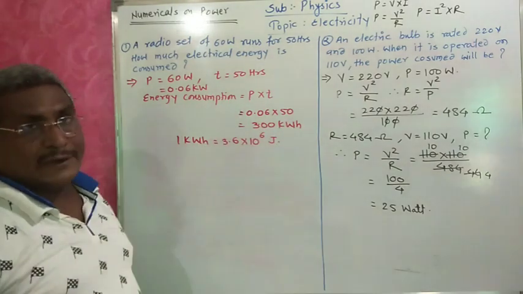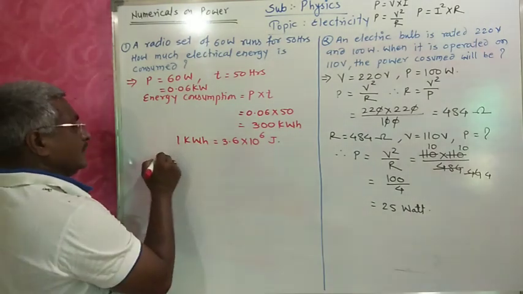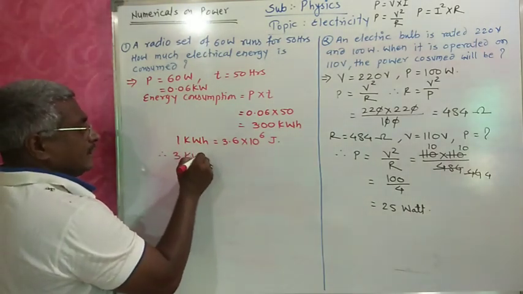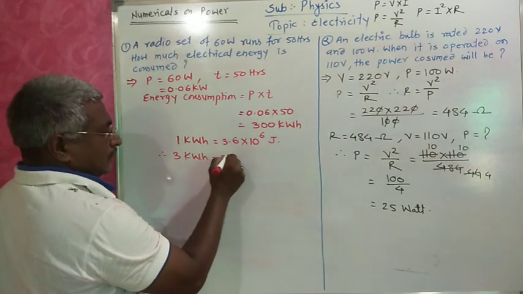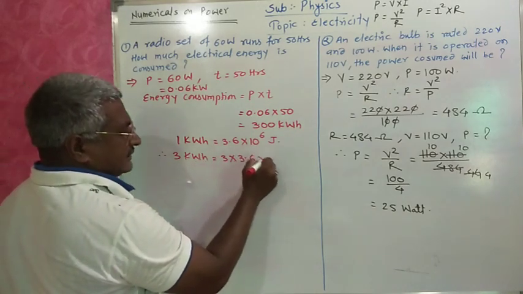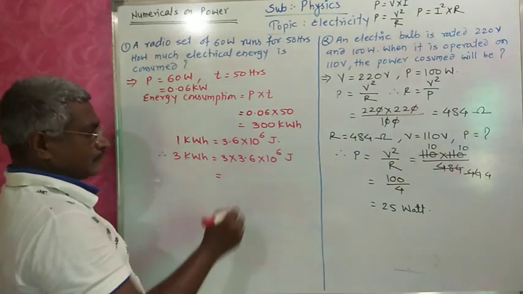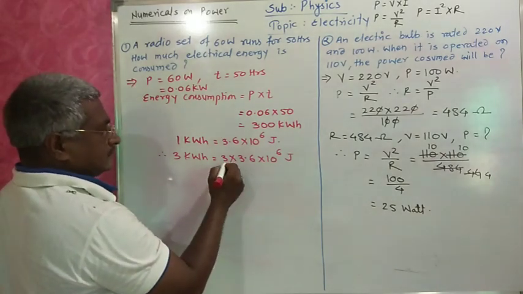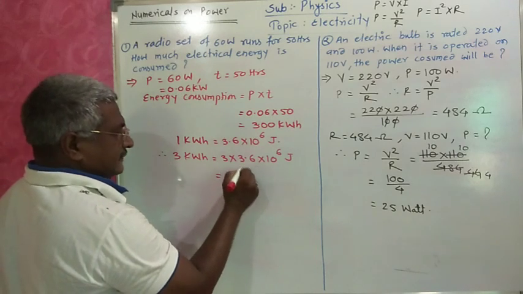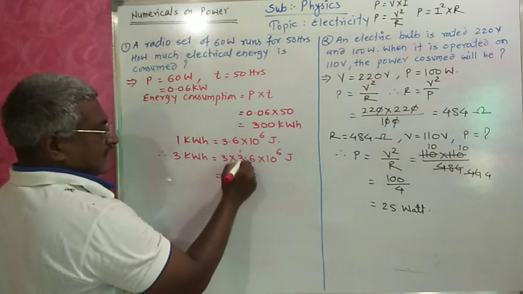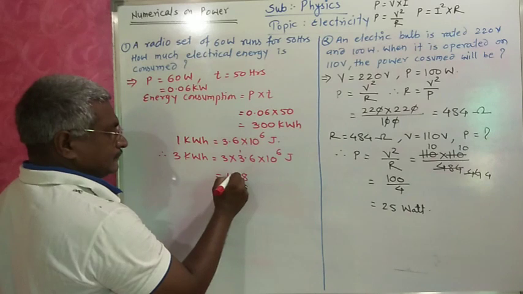So 3 kilowatt hour equals 3 into 3.6 into 10 raised to the power 6 joule. What is 3 6s are 18, 3 3s are 9 plus 1, 10.